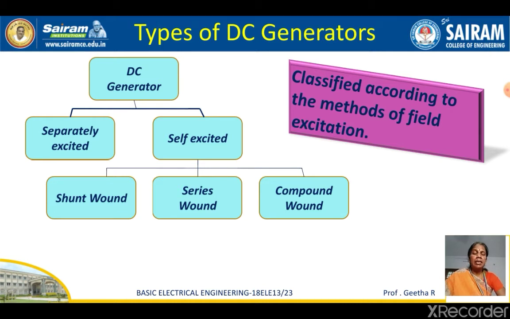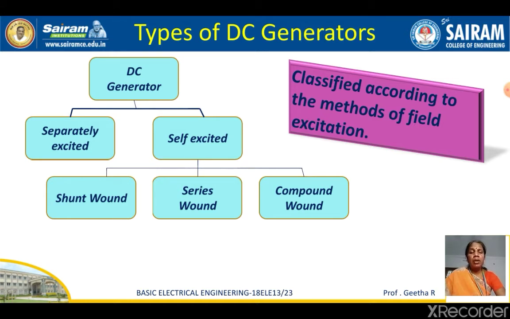So generally DC generator can be separately excited or self-excited. For separately excited, there is no further classification. But for the self-excited, depending on how the field winding is connected with the armature, whether in parallel or in series or with both, accordingly it is shunt wound, series wound and compound wound.